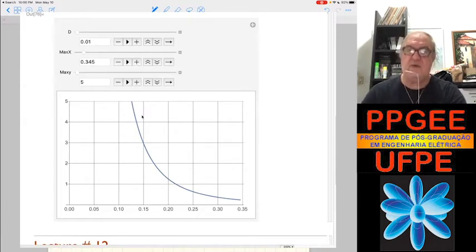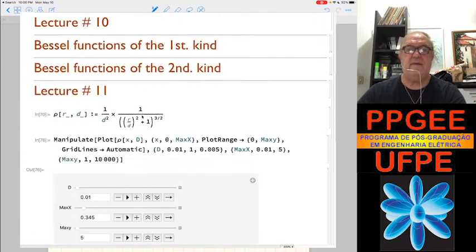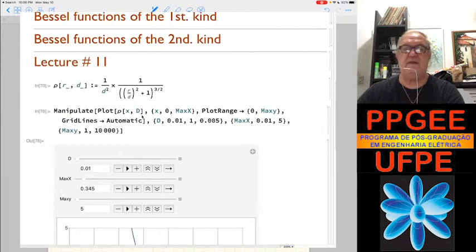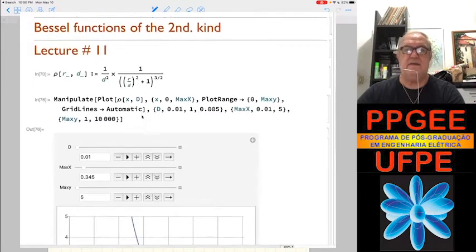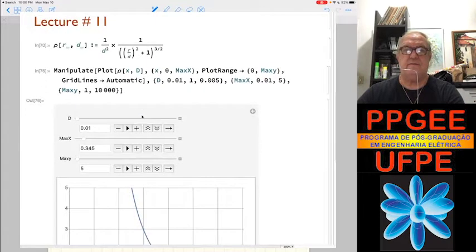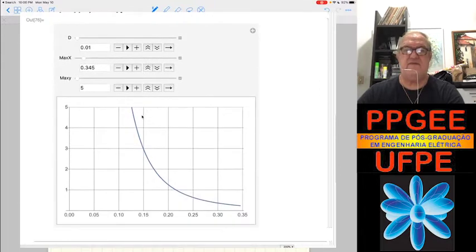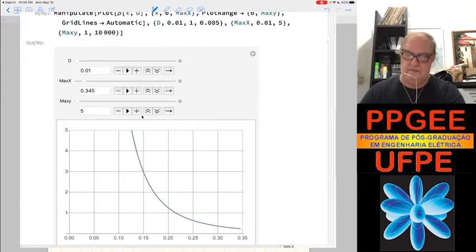When r equals d, the value of this is shown in this window here, 0.01 in this example.